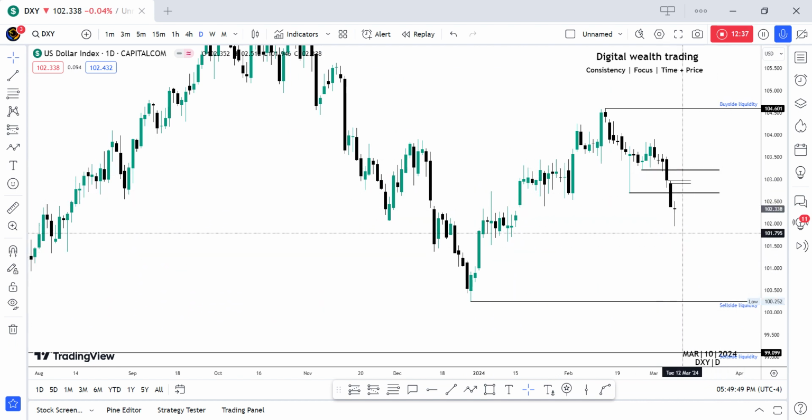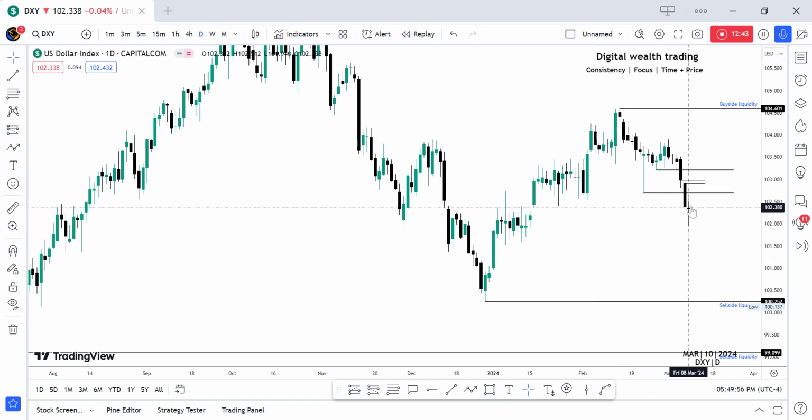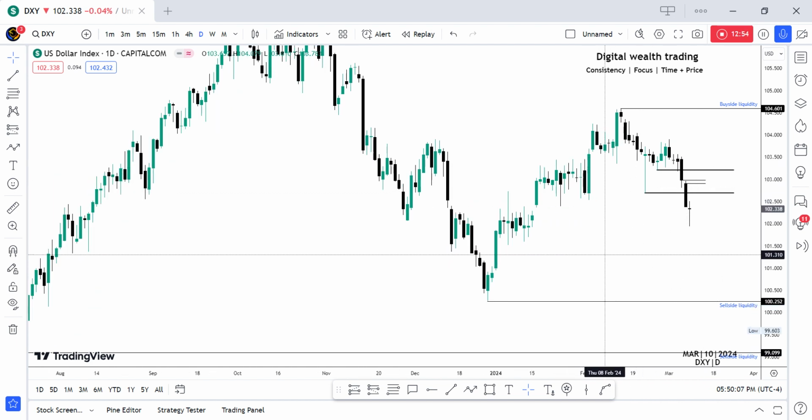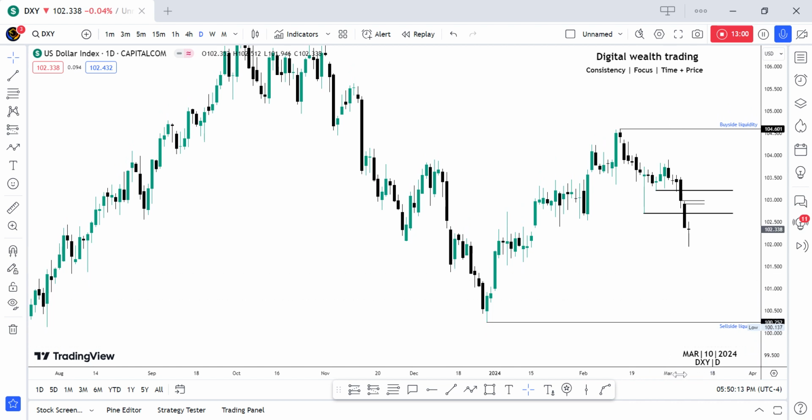Then I can say, okay, I like what I'm seeing now, I can engage, and I know the amount of risk I'm willing to take on this trade, and see if it comes out good or bad. Whatever the case, we move. That's just the narrative. So that is it for the daily contract on the XY.